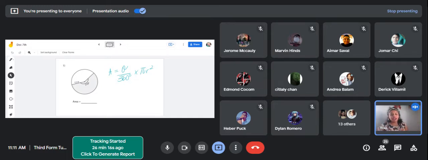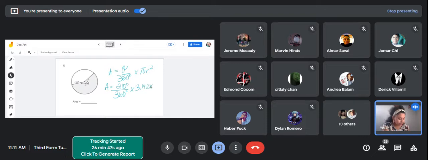The question gives us basically what we need. So my first question, look at that one. What is theta according to this question? 210 degrees. 210, very good. Over 360. Pi, we know that pi is 3.142.